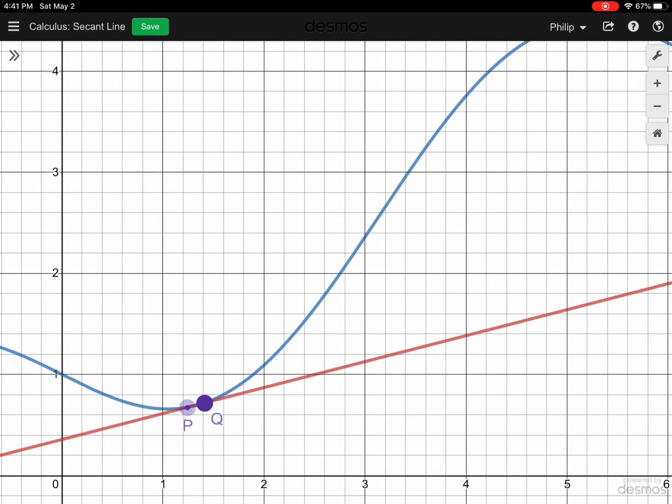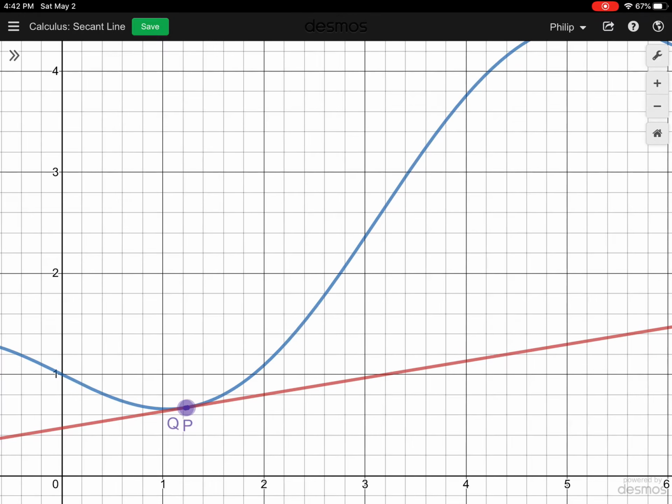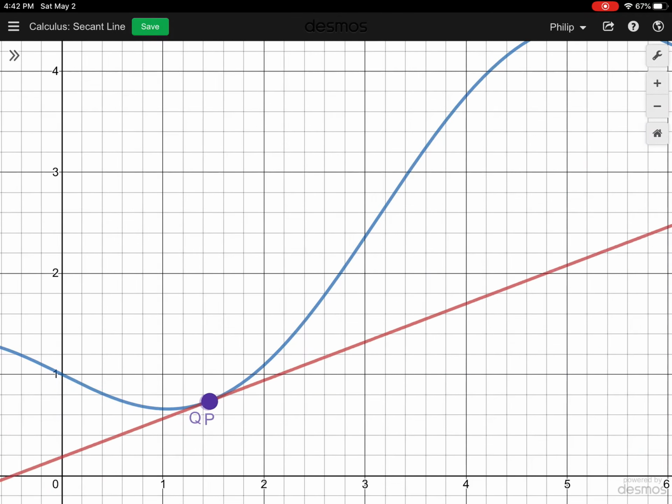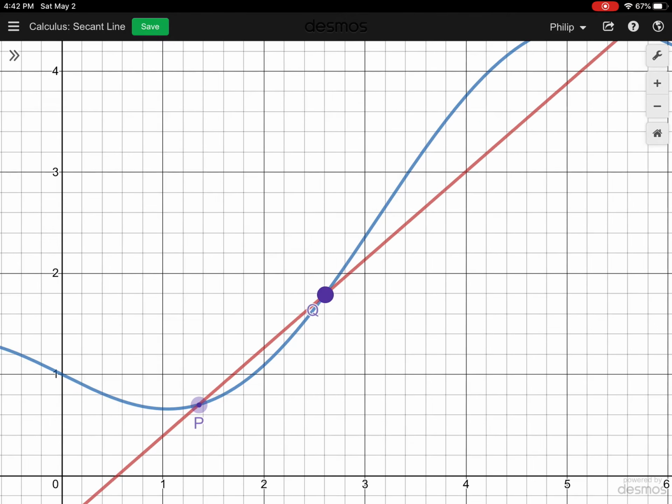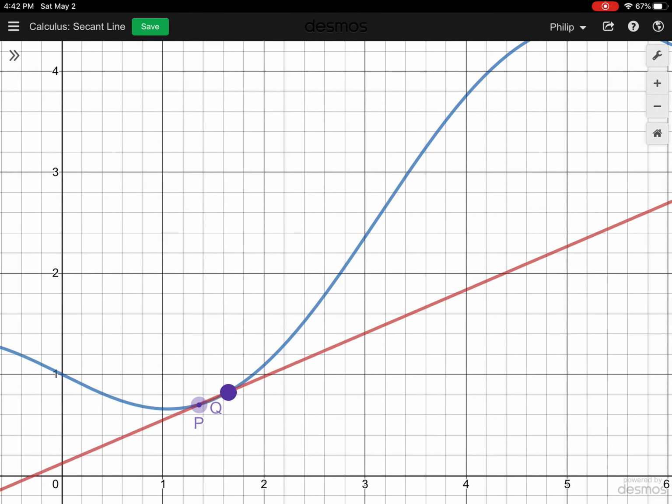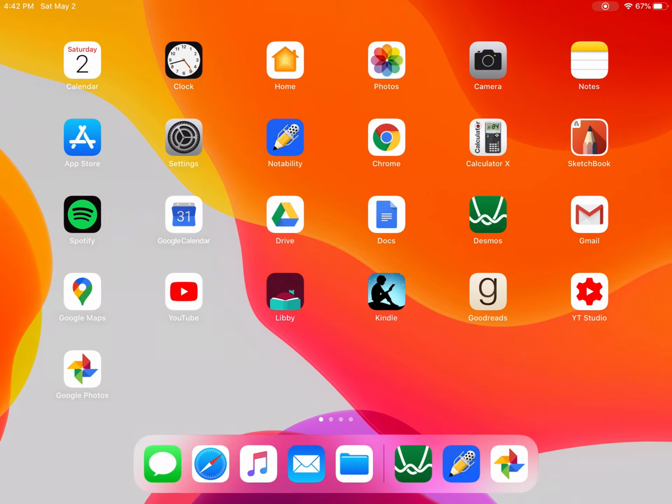And that secant line is getting closer and closer to being that of a tangent line. It's not exactly on, but you get the idea. It's right on top of being a tangent line. So again, as the h value gets closer and closer to being 0, that secant line gets closer and closer to being that of a tangent line.